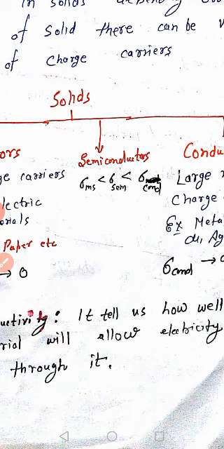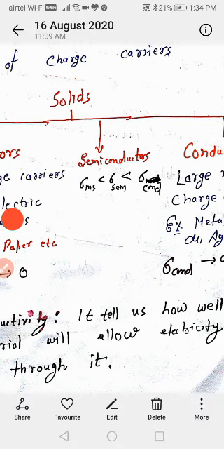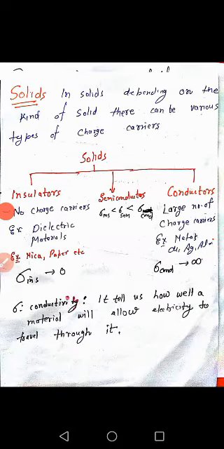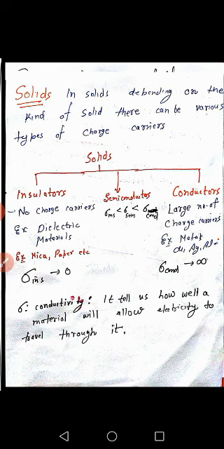Examples of these materials are silicon, germanium, carbon, etc. We will definitely discuss these materials in detail in the subsequent sessions. So now you are familiar with the types of solids. Now we shall move to the next slide.